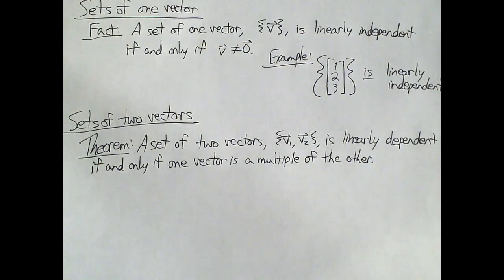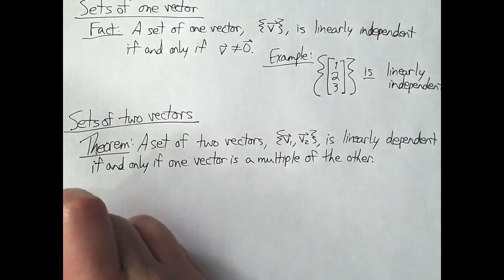This is something we could use as a shortcut. Like even that problem that I showed you earlier, two vectors. Maybe you could look at it and just tell by looking at it, is one of those vectors a multiple of the other? It would be a really nice shortcut for us to have. So I'd like us to prove this.